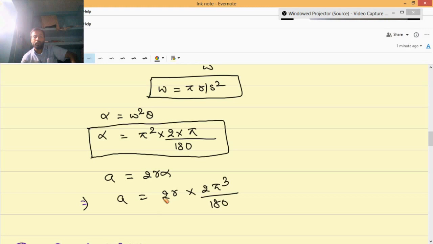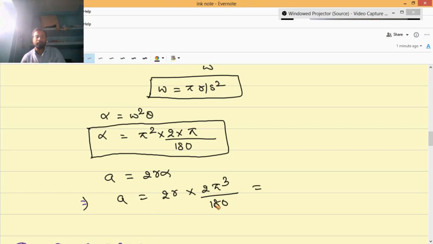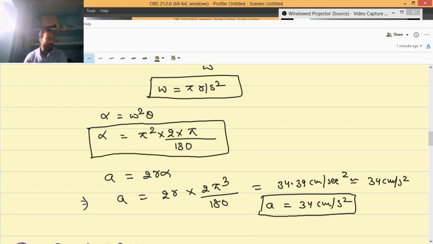Let me evaluate this value and after that I will substitute. After evaluating this particular value, what we get is 34.39 centimeter per second square. So we can write it as approximately 34 centimeter per second square. So acceleration is like 34 centimeter per second square. So in this way we have finished our problem.